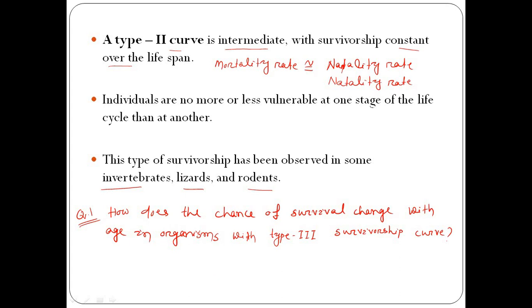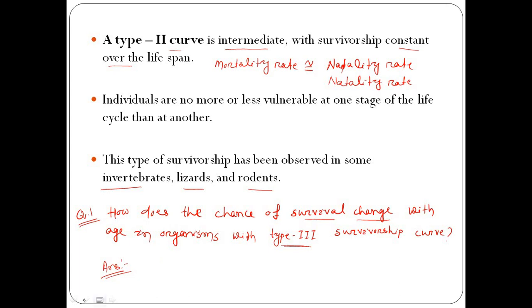How has the survival chance changed with age in organisms with type 3 survivorship curve? The question is asking whether, in type 3 survivorship curve, the chance of survival in the organism is more or less.